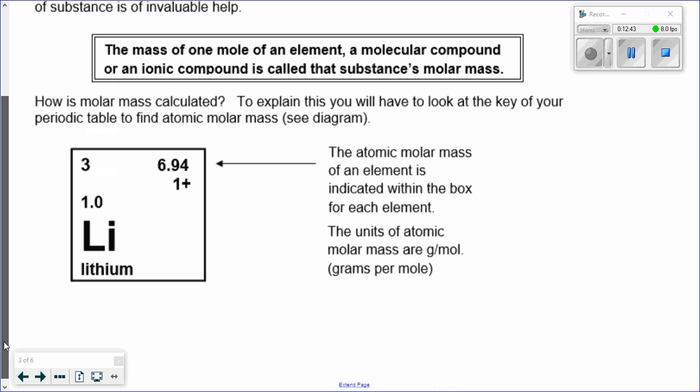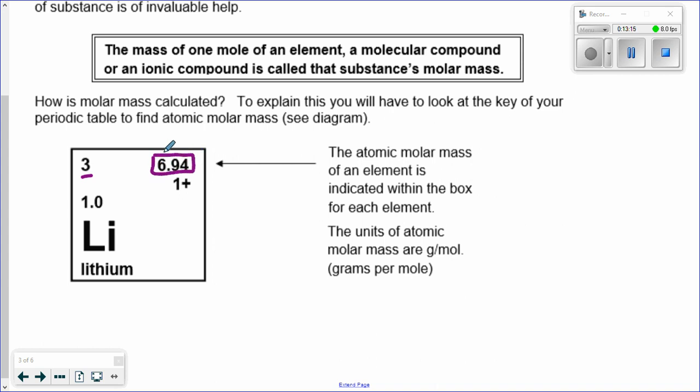To explain this, you'll have to look at the key of your periodic table to find the atomic molar mass. Ours looks a little bit different. Your notes actually probably look the same as this, but we know our periodic table looks a little bit different, but you can see how it converts. So if you look for lithium, atomic number 3, it has an atomic molar mass.